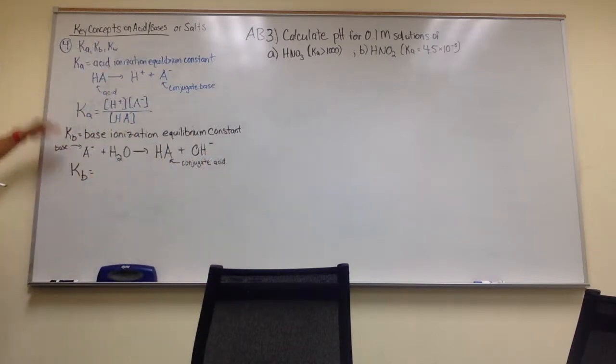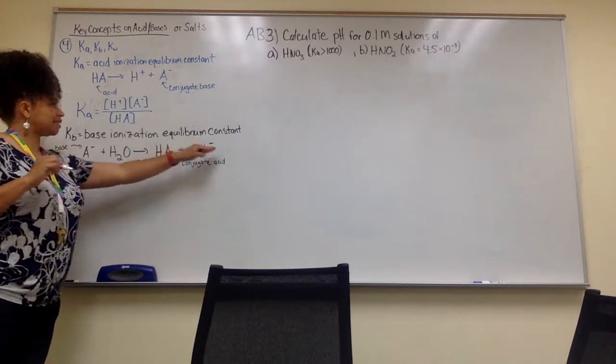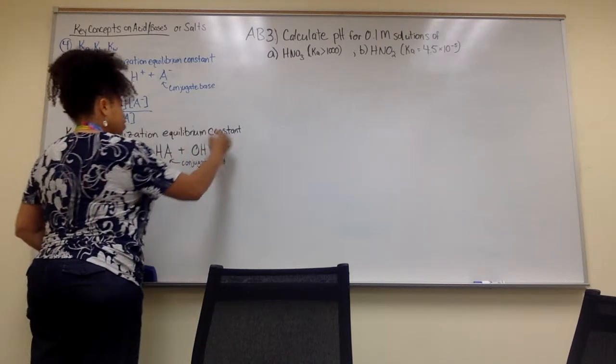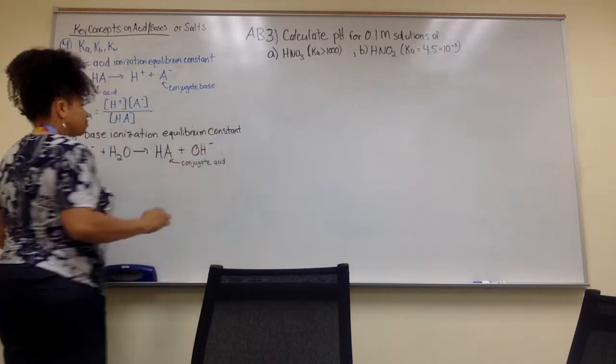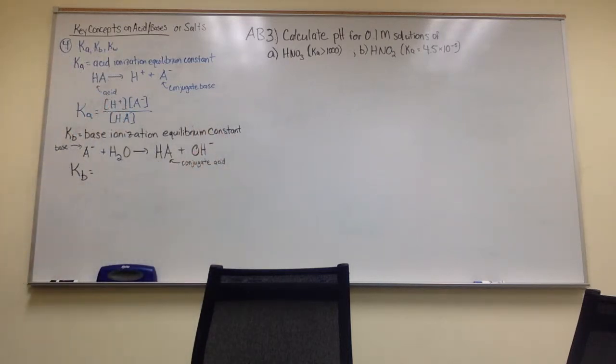So this is the acid version, where we take the acid to form a conjugate base. We take a base, which is just an anion, add water to form the conjugate acid, and then we have this OH that's left over. And the OH minus is the concentration that's going to contribute to calculating the pOH, which we just talked about in a couple of videos ago.